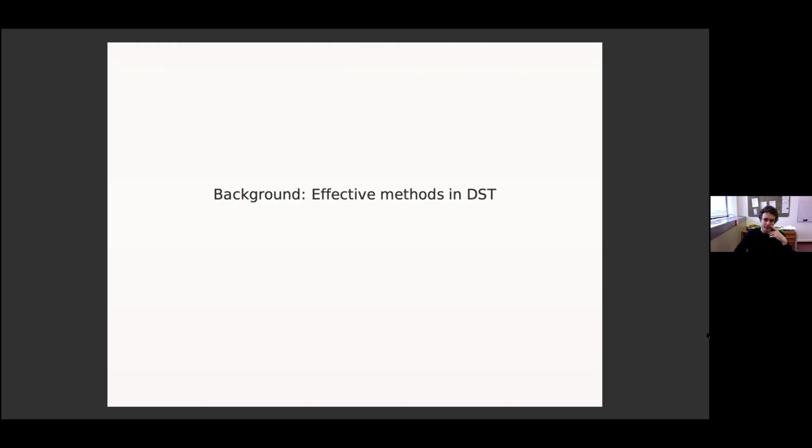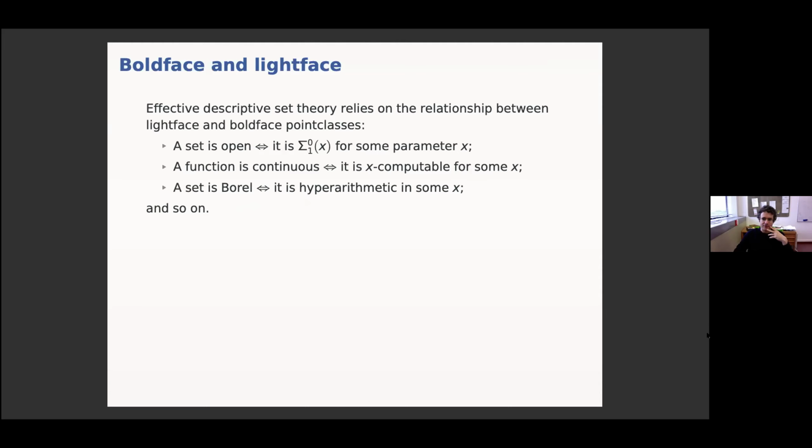And the first part of the background is talking about essentially, well, what is effective descriptive set theory? Descriptive set theory is the branch of set theory that deals with definable sets of reals, if you like. Wadge reducibility is deep in that theory. Effective means that we are going to introduce computability techniques, and this is not new.